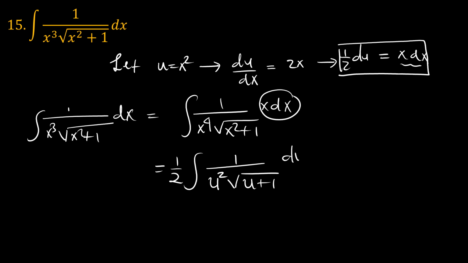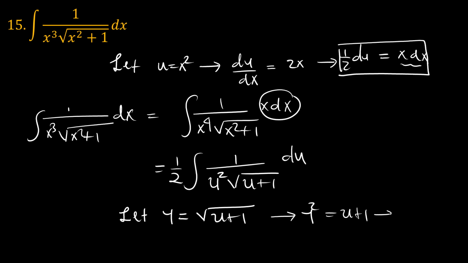So with that in mind, the next thing is we would want to bring another substitution and say let y be equal to the square root of u plus 1, such that y squared is equal to u plus 1, meaning that 2y dy over du is equal to 1, so we can substitute for du with 2y dy. Okay, interesting.